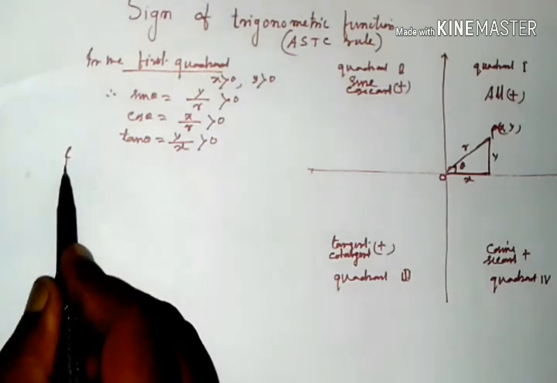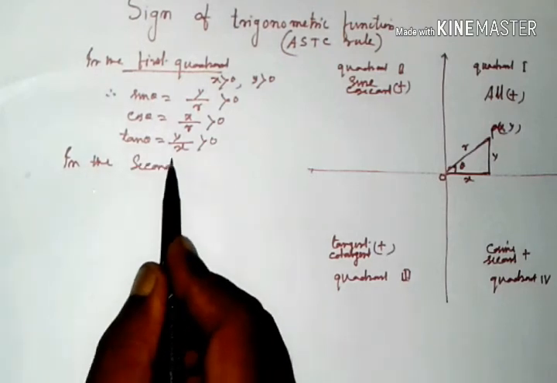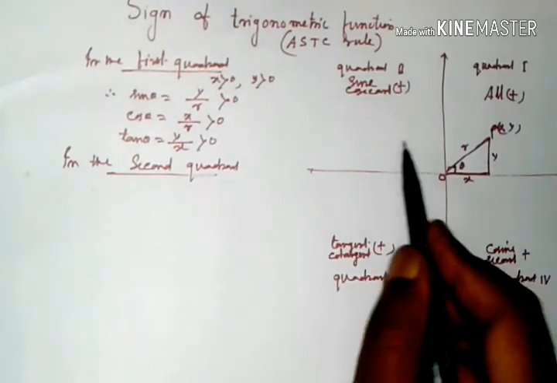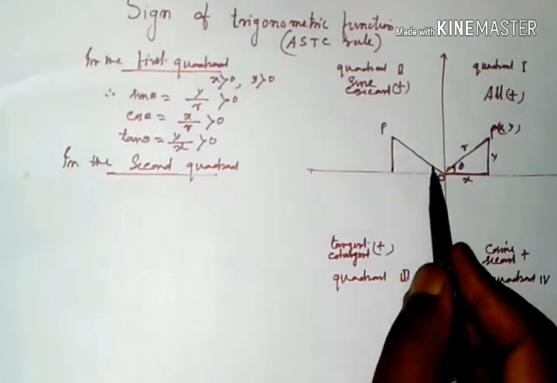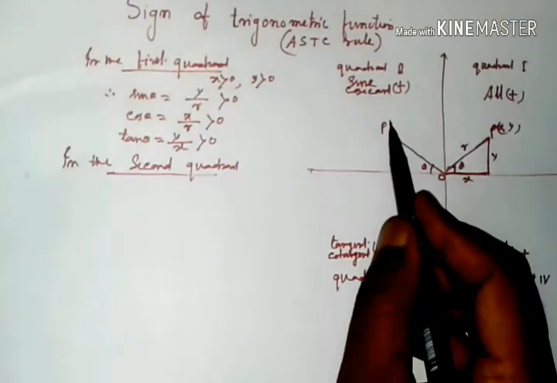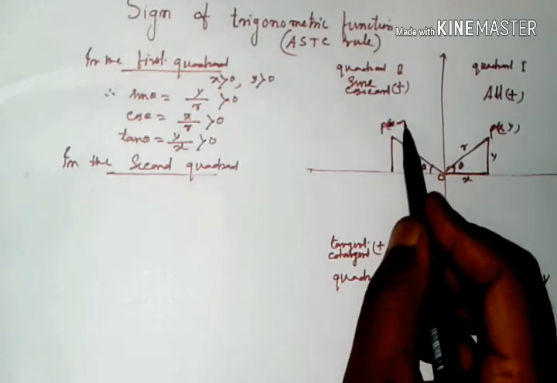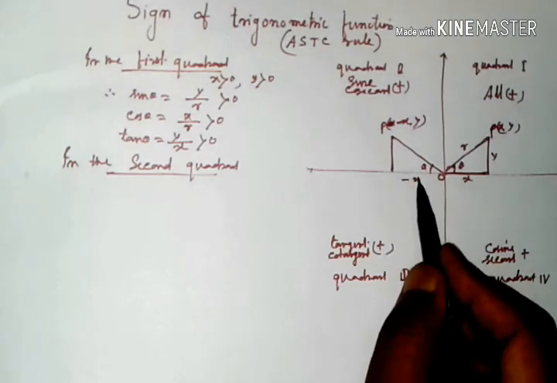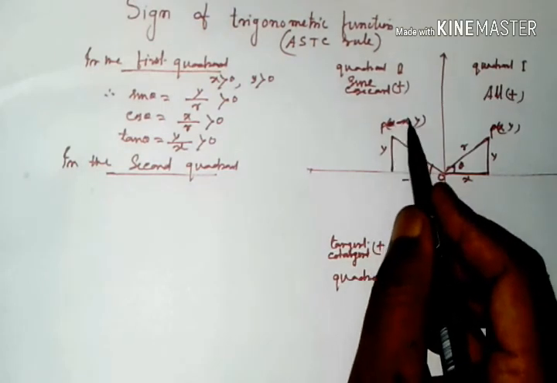In the second quadrant, this is point P, this is theta, this point is minus x, y.